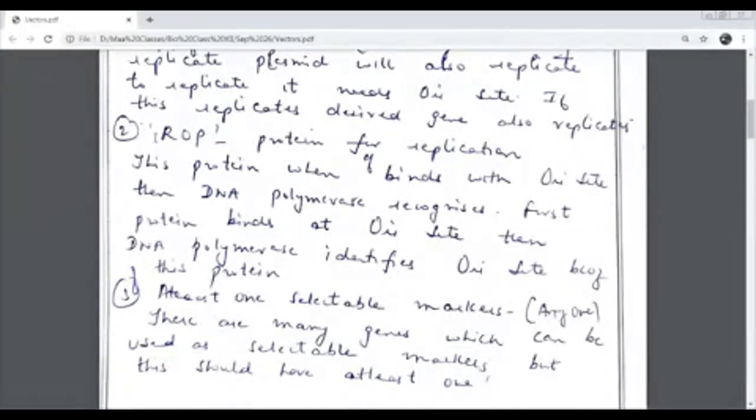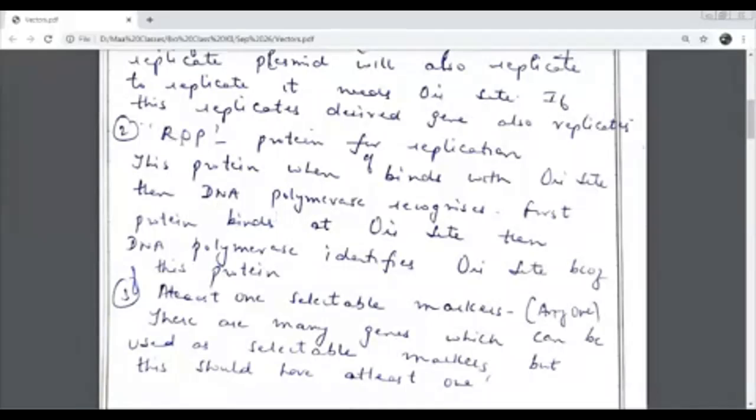Then it slowly moves ahead, and sometimes a blockage comes and it is not able to proceed, so the process stops. Now, how does this enzyme, DNA polymerase, identify the site where it has to attach? Here, DNA polymerase will be helped by this protein. The name of these proteins is ROP proteins. Replication proteins basically we call them.